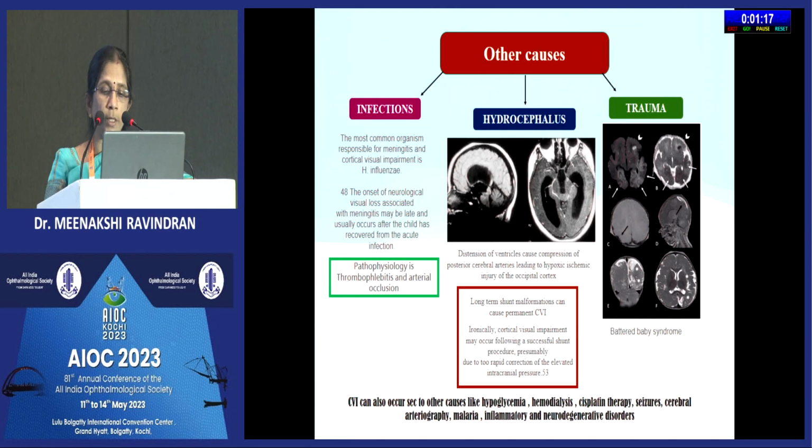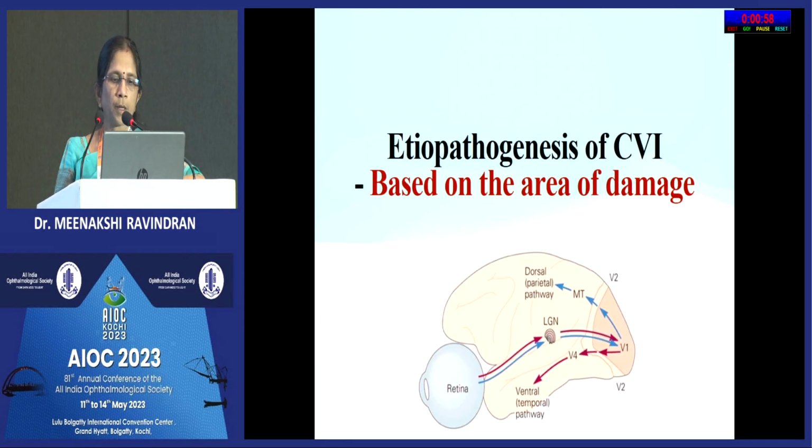Infantile seizures is one important cause which we should remember. Nowadays hypoglycemia is quite common. Pediatricians or neonatologists are routinely checking the blood sugar after delivery and maintaining the sugar levels, because we do see a lot of cases which are missed, and only if you get the history will we find this.